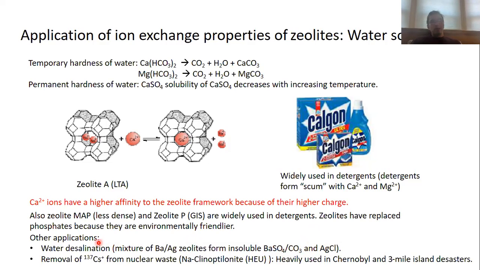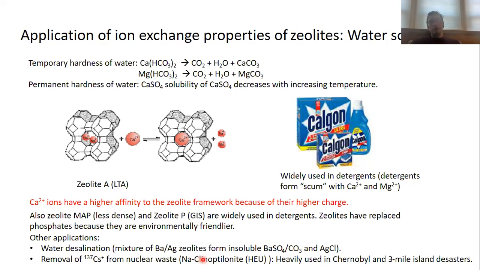Here you can also free nuclear waste from certain ions. So for instance, cesium-137 is a common product of radioactive decay in nuclear waste. So some zeolites have a specific affinity for cesium.